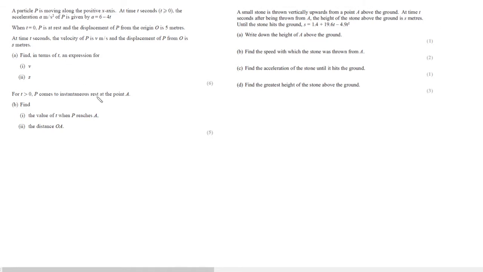Anyway, the basis of kinematic questions that I want to talk to you about is that they all focus, at least in IGCSE further pure maths, on the motion of, for instance, a particle along the x-axis.